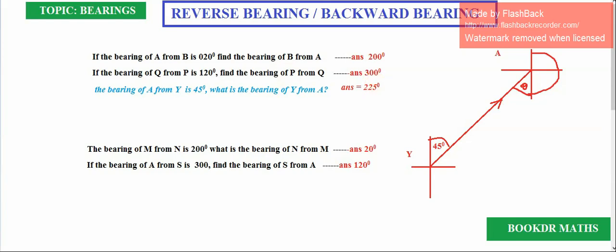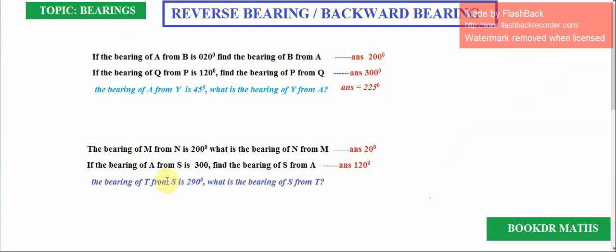Let's look at another example. Let's take another question in this category. The bearing of T from S is 290 degrees. What is the bearing of S from T? Backward bearing. The angle provided is more than 180 degrees. So we need to subtract 180 from it to get a backward bearing.